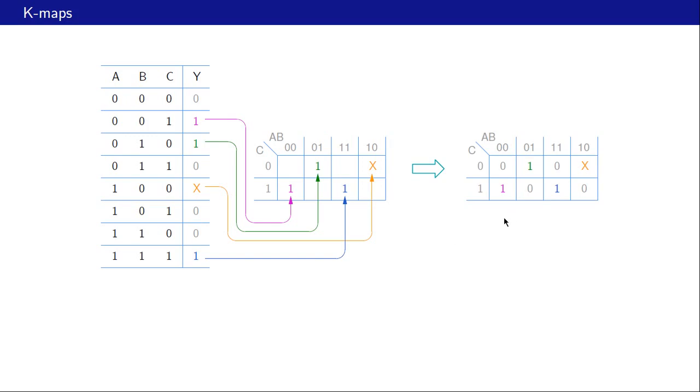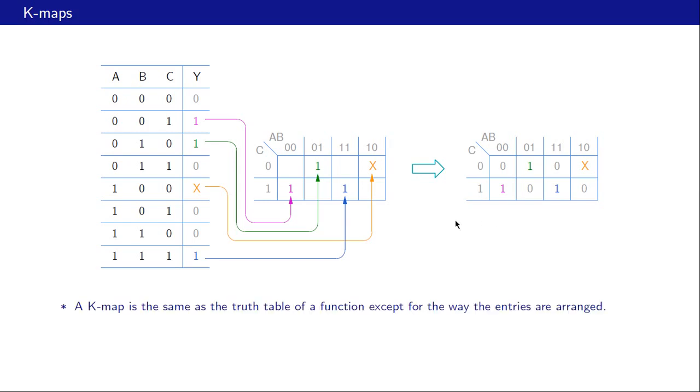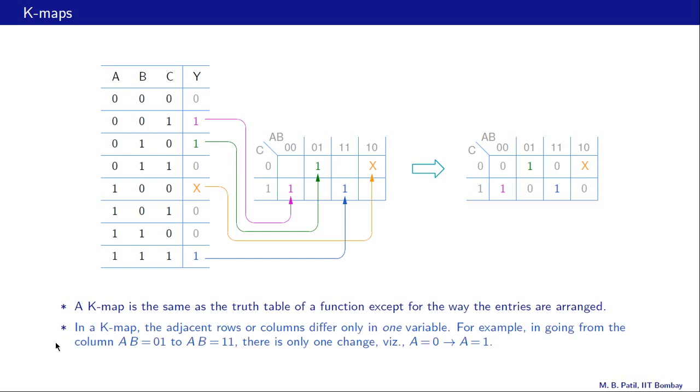Alright, let us now make a few observations. One, we observe that a K map is the same as the truth table. It has the same information except for the way the entries are arranged. Second, and this is a very important point, if we don't remember this point, then the results can be disastrous.